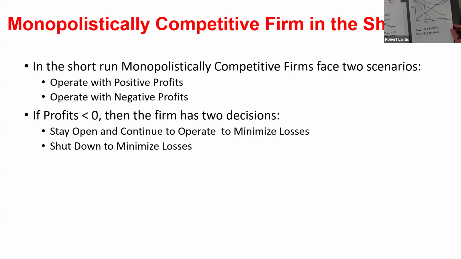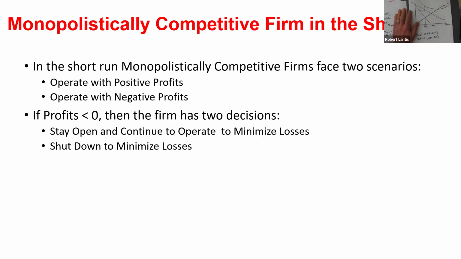So with that in mind, if I think about a situation where I do have negative profits, what else do I need here to decide if I shut down or stay open? I need to know my average variable costs, right?